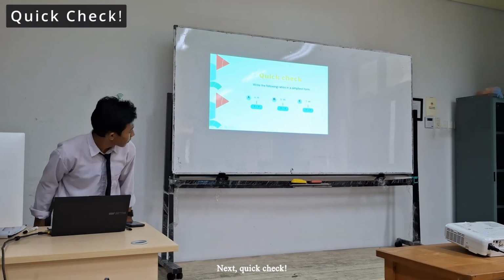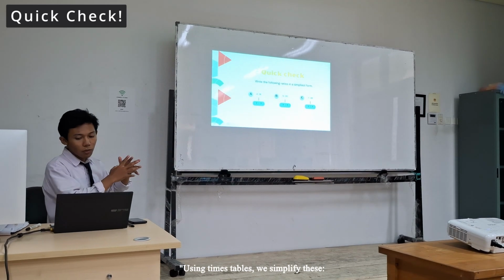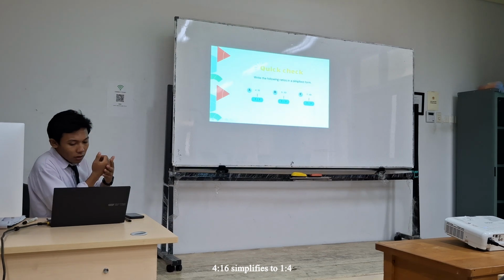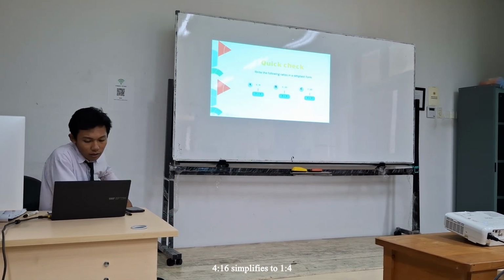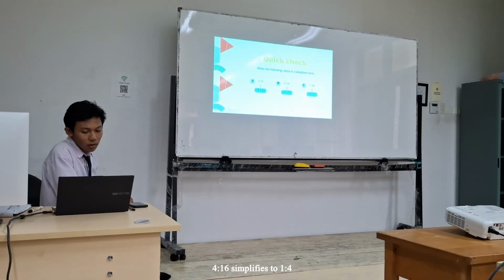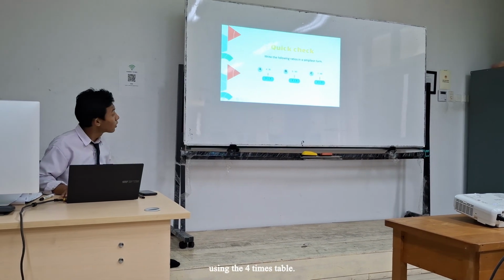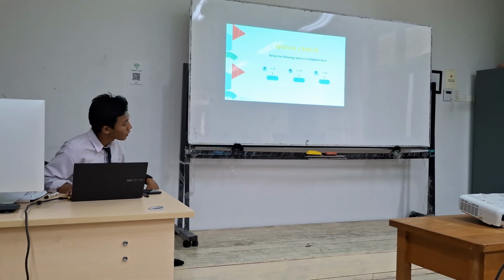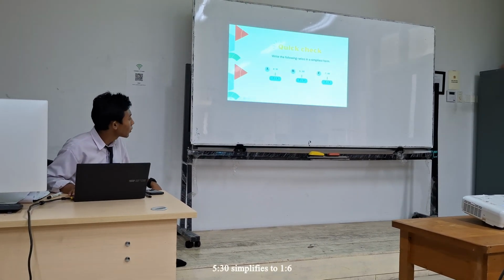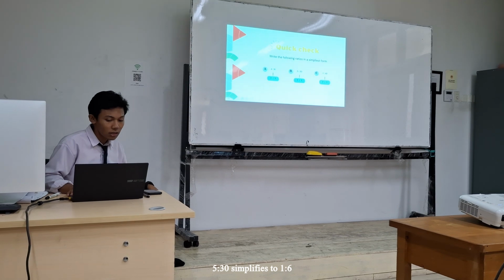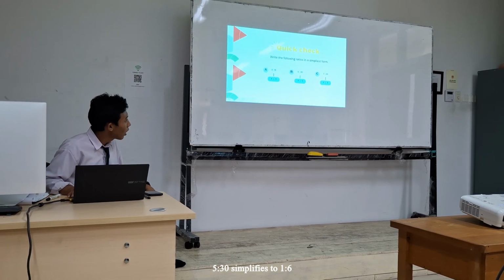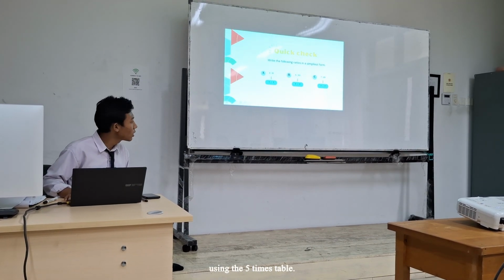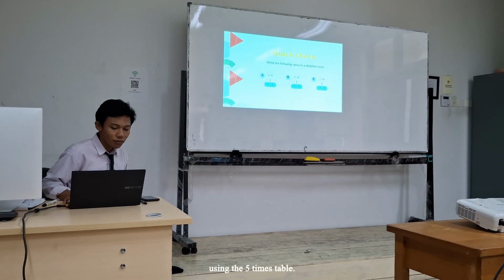Okay, next question. Using the times table, we simplify these. For 12 to 24, simplify to 1 to 2, using the 12 times table. For 5 to 15, simplify to 1 to 3, using the 5 times table.